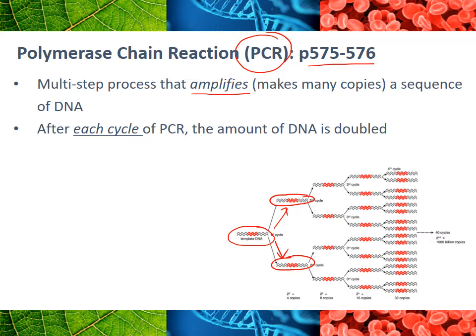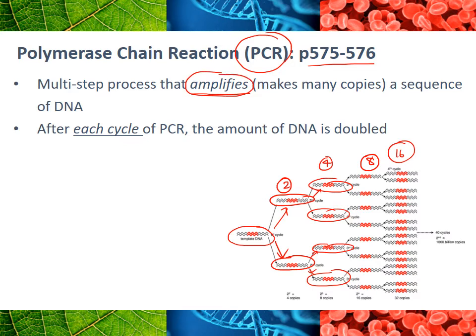And then remember, each cycle, we double that. So at the second cycle, we double this strand, so we now have two here, and we double this one, so we have two here. So we've got a total of 4. Then we have 8, then we have 16. So it's an exponential growth. That's what we mean by the fact that it amplifies it. It gets bigger each time.